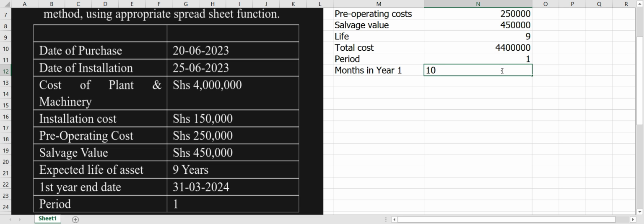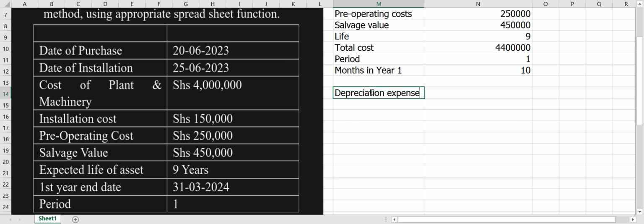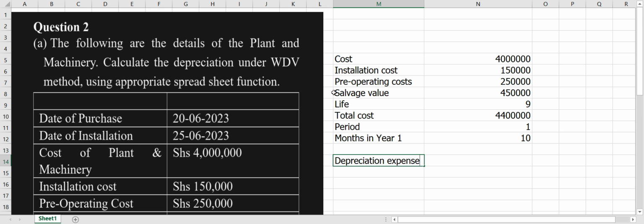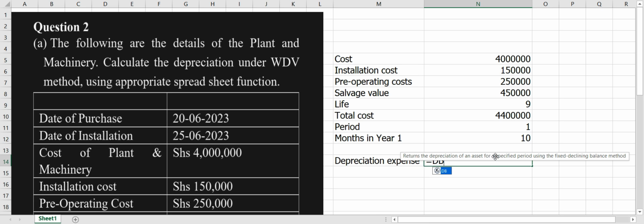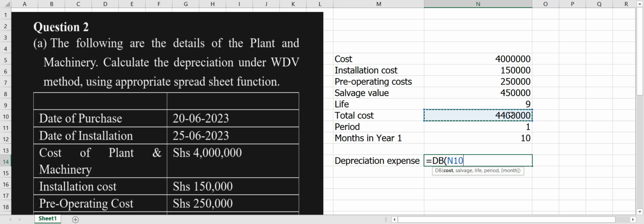So now with this information, you can calculate your depreciation. So the depreciation expense, remember we are using the declining balance, that is the appropriate one. So don't forget the formula. That is the DB function. It's what you're going to use. So DB cost. Our cost is that.